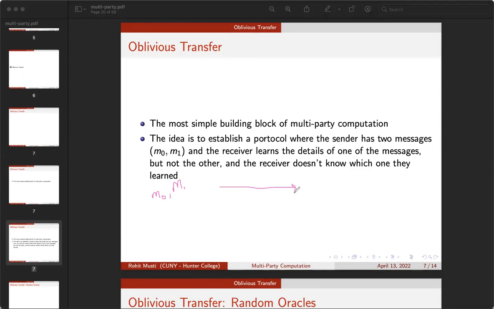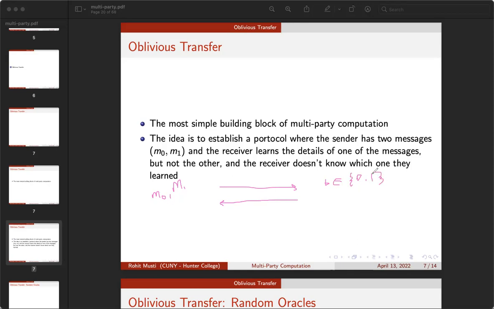They send data back and forth with the receiver. The receiver has a bit, and the receiver's bit is 0 or 1.